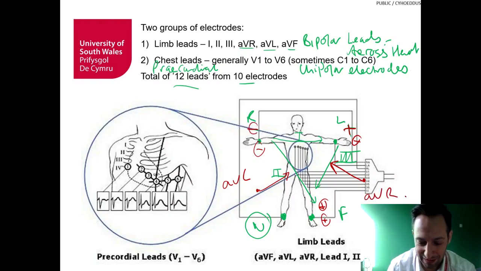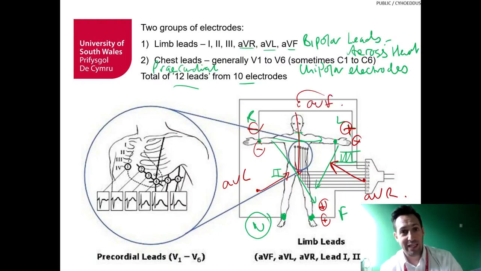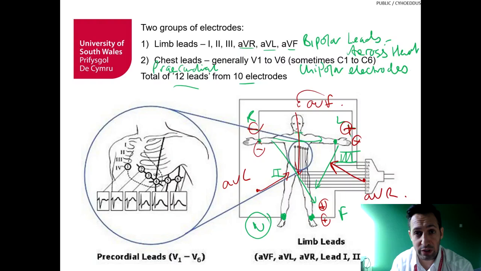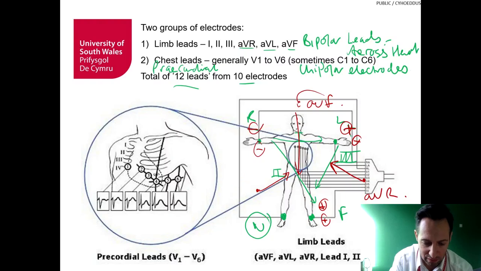And it's going to take this one, bring them together here and look down at the heart that way, towards the foot, AVF. Which is why we can get 12 leads out of 10 electrodes, because we're creating some mathematically. Again, it's not massively important that you know how that happens, but you do need to know that it happens and where they come from. And that's fine.